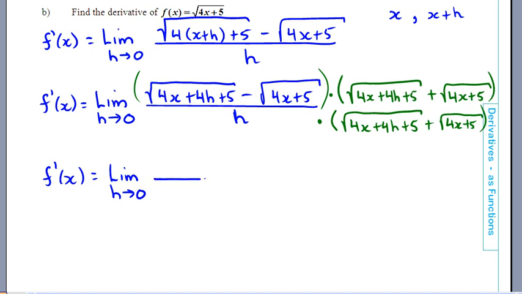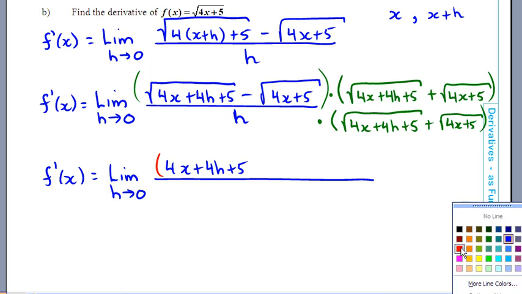All right, I'm going to use some brackets just sort of for emphasis here. When these two roots multiply together, they're identical, so we're just going to have the trinomial. I'll go with my pattern of using red. We're going to have 4x plus 4h plus 5. There, that's my firsts.